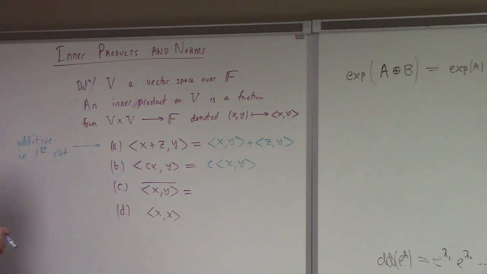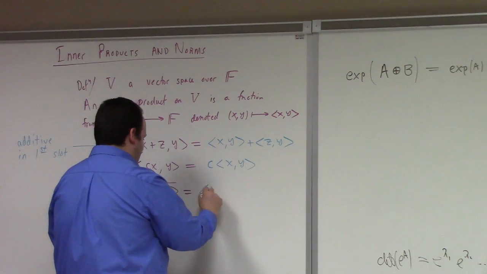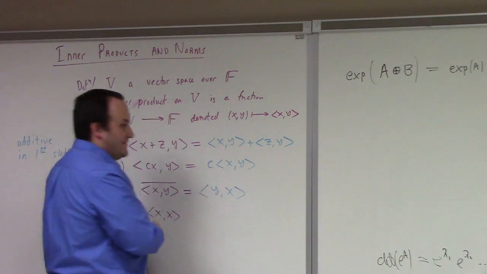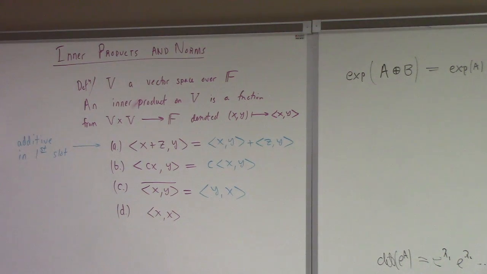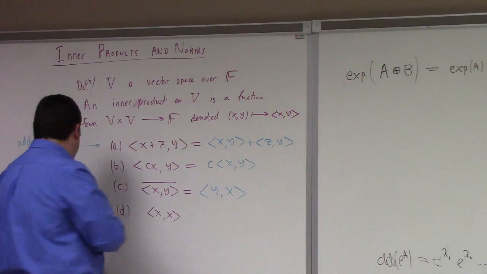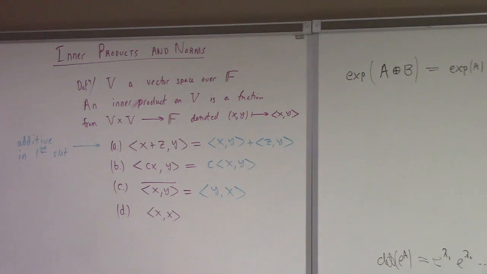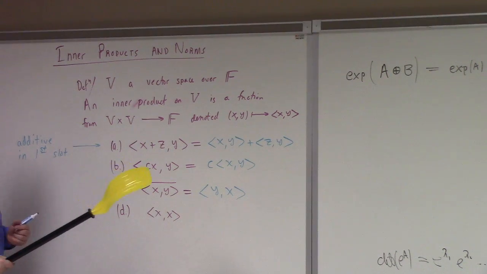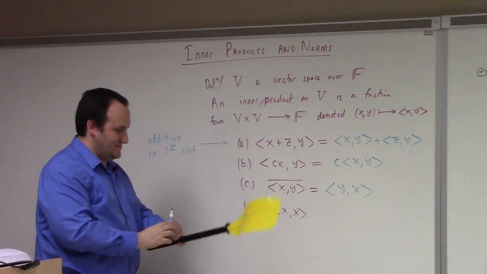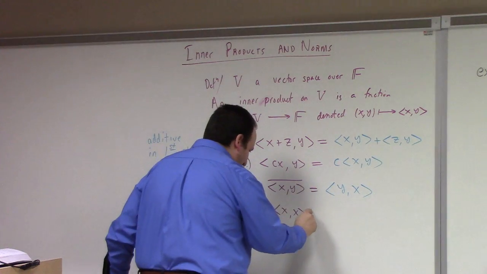How about this one? What should the complex conjugate of x comma y be? In fact, no, it is y comma x. That one's kind of hard to guess. Let's see here.